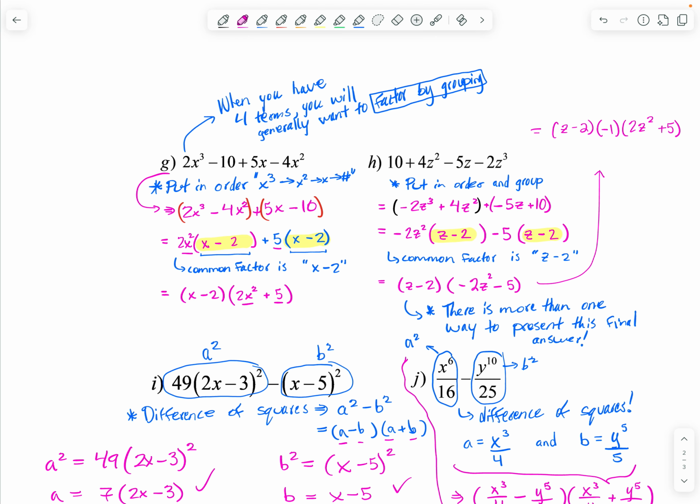But if I did that, then my answer would look like negative z minus 2, 2z squared plus 5. This is also a valid answer.